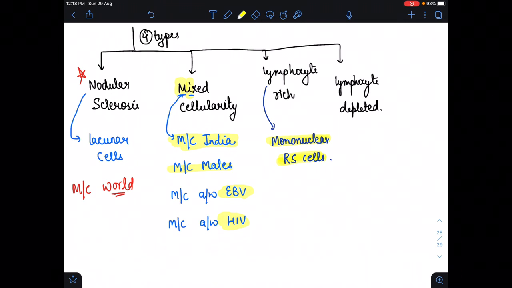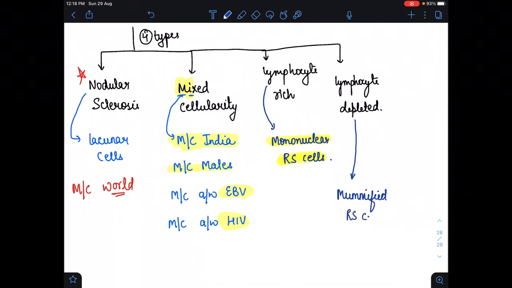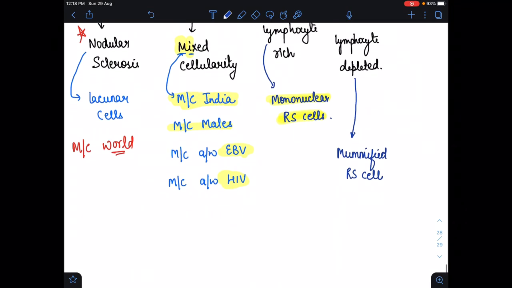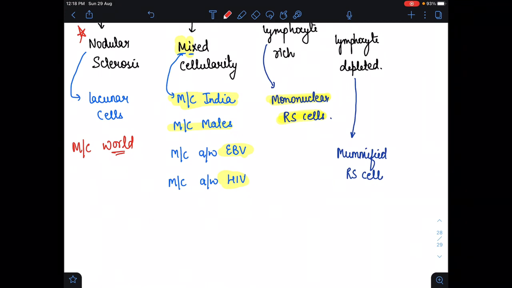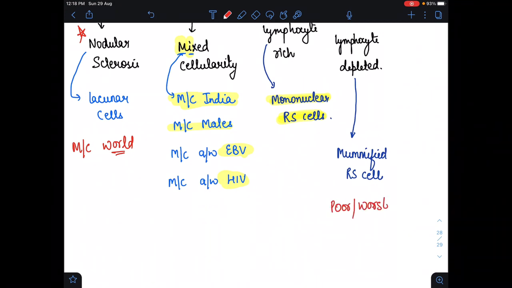While in the lymphocyte depleted we see the mummified RS cell. So mummified RS cells were seen in the lymphocyte depleted, and it gives the worst prognosis.